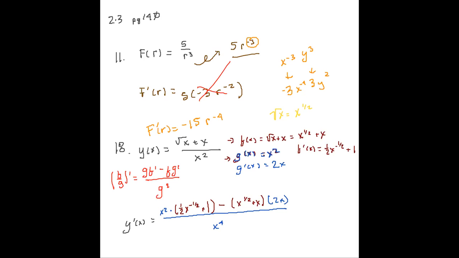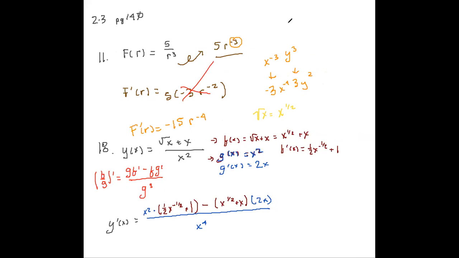Switch my book here a little bit so that we have space to continue. So a lot of this is just algebra to follow because we want to turn this into something that's a little bit more workable. So I'm going to turn these x to the negative halves back into root x's and put them where they need to be.